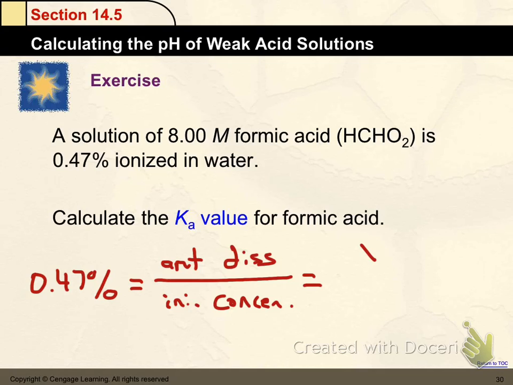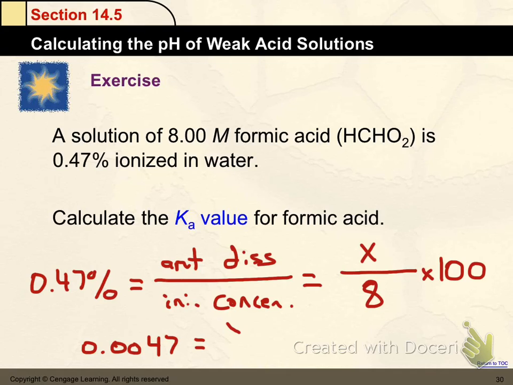We'll call that x, divided by the initial concentration, well, that's 8. Remember, this is a percentage, so times 100. So you divide 100 from both sides. You get 0.0047 equals x over 8. And then you can solve for x. When you do that, x is going to equal approximately 0.038 molar. That's how much dissociates.